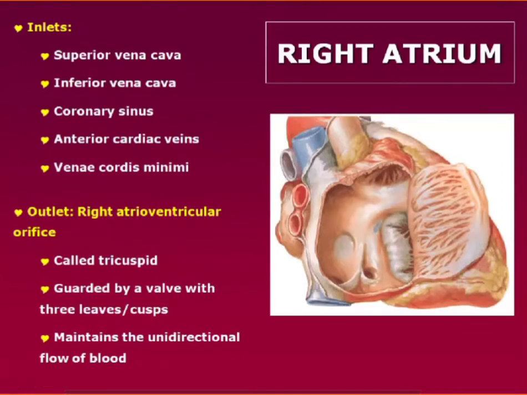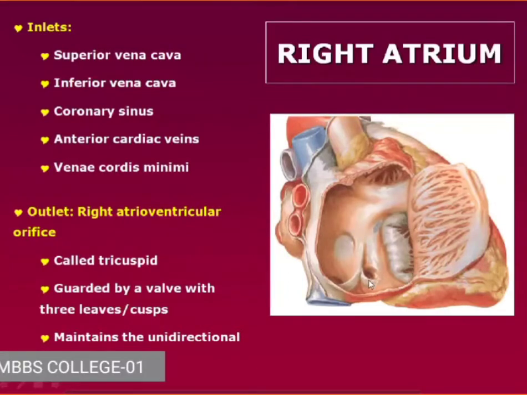So in the right atrium, we have discussed the external features of the right atrium, which carries 5 marks, and the internal features, which can be divided into the anterior rough part or the pectinate part, the posterior smooth part, and the septal wall. In the anterior rough part there is crista terminalis and musculi pectinati. In the posterior smooth part there is the opening of superior vena cava, inferior vena cava, which is guarded by the eustachian valve, and the coronary sinus which is guarded by the Thebesian valve, and also anterior cardiac veins and the venae cordis minimae. All these open.